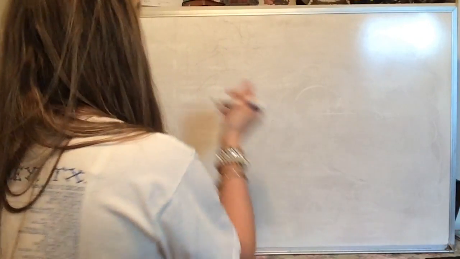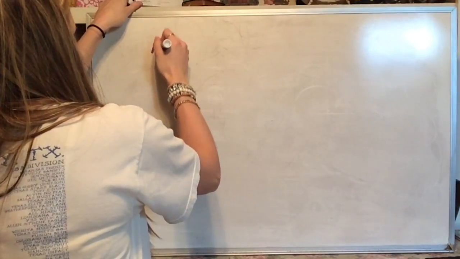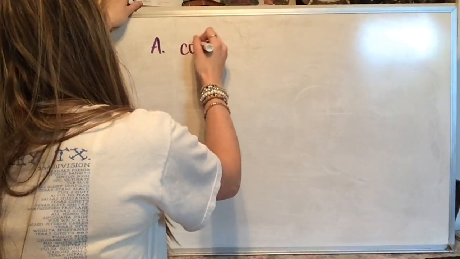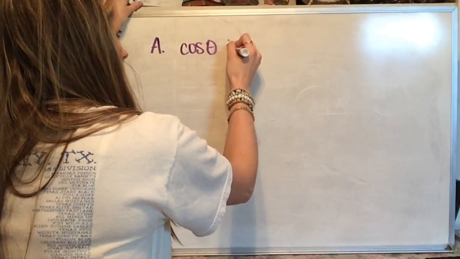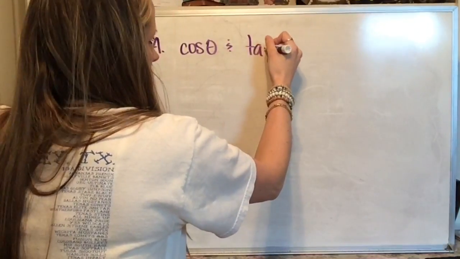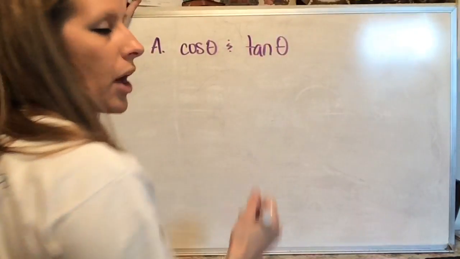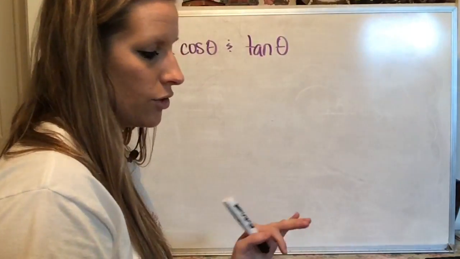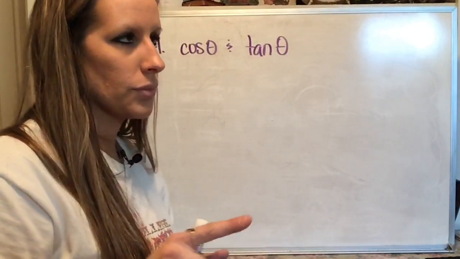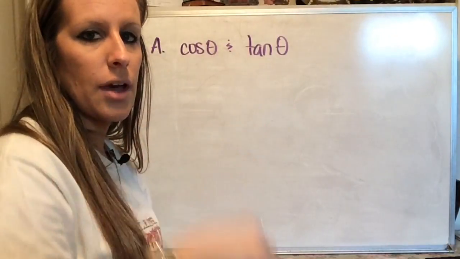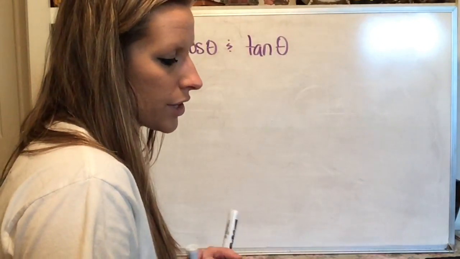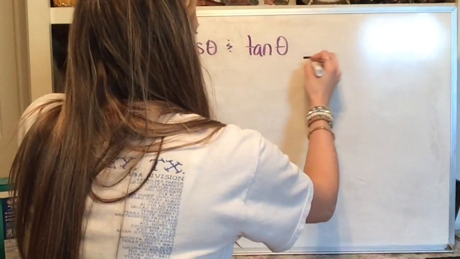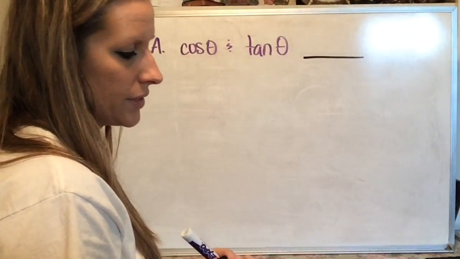Okay, so part A, question A, we want to find when cosine and tangent have the same sign. So they could both be positive or they could both be negative. So look at your axis at the top that we filled in. Where would cosine and tangent have the same sign? Which quadrants would they have the same sign?